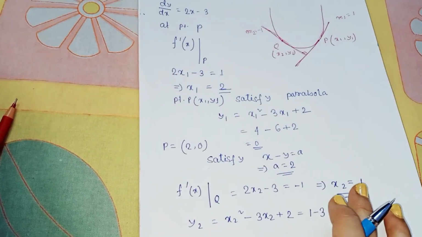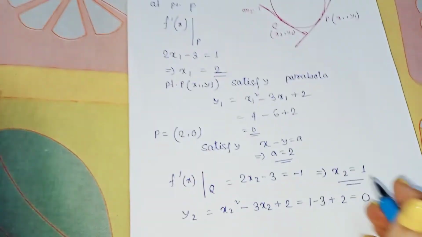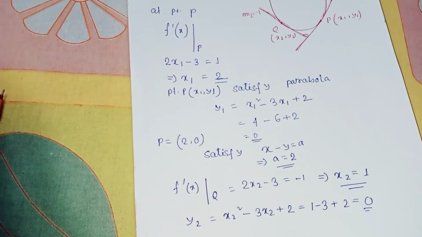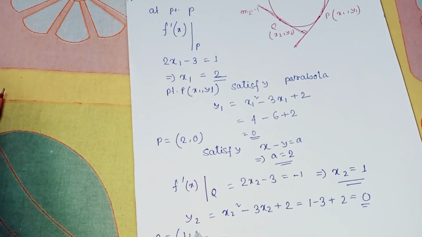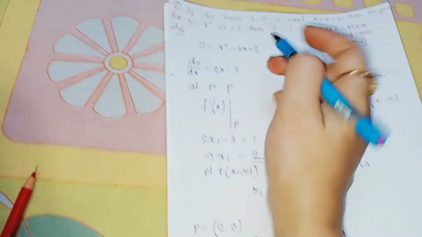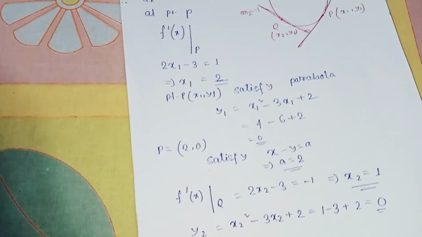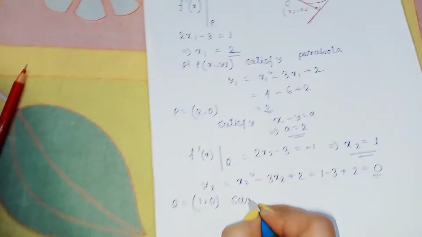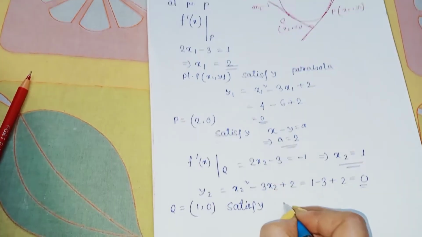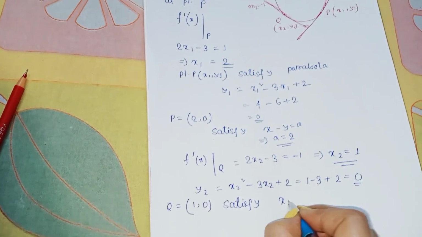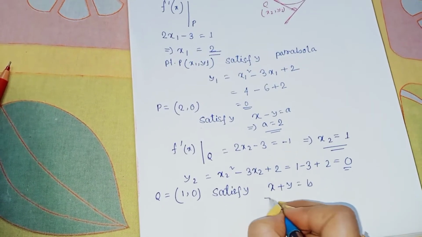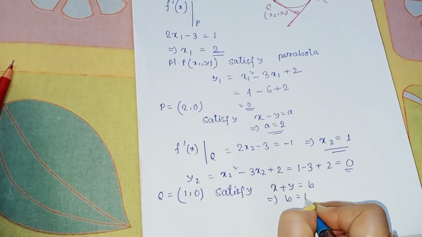So x2 is equal to 1 here and y2 is equal to 0. So the point Q is 1, 0, and this point satisfies the line x plus y is equal to b. So here we get b is equal to 1.